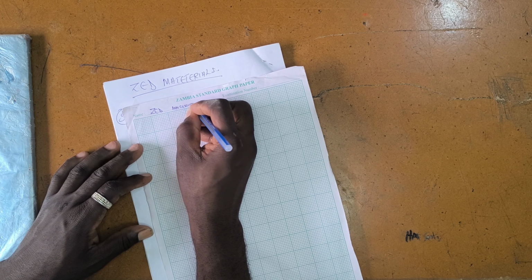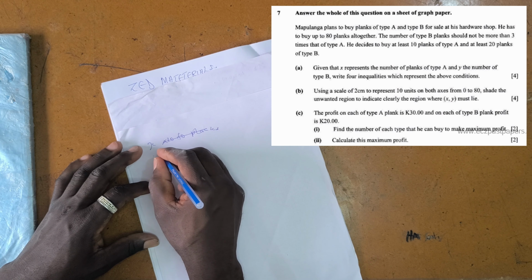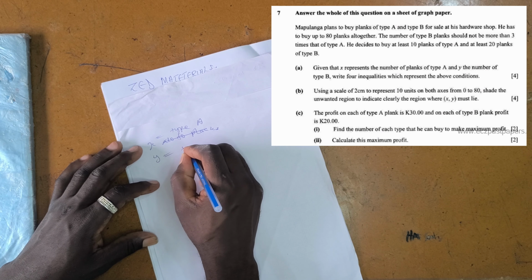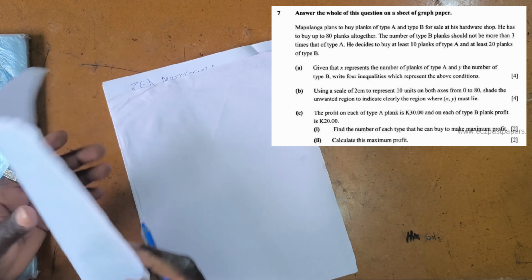X represents the number of planks of type A, so X is equal to type A, and Y is equal to type B. So now I can come up with the inequalities that they are looking for.